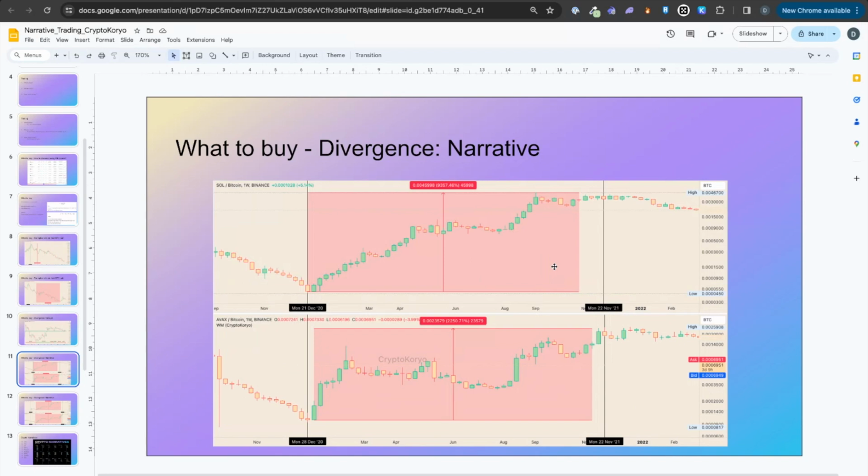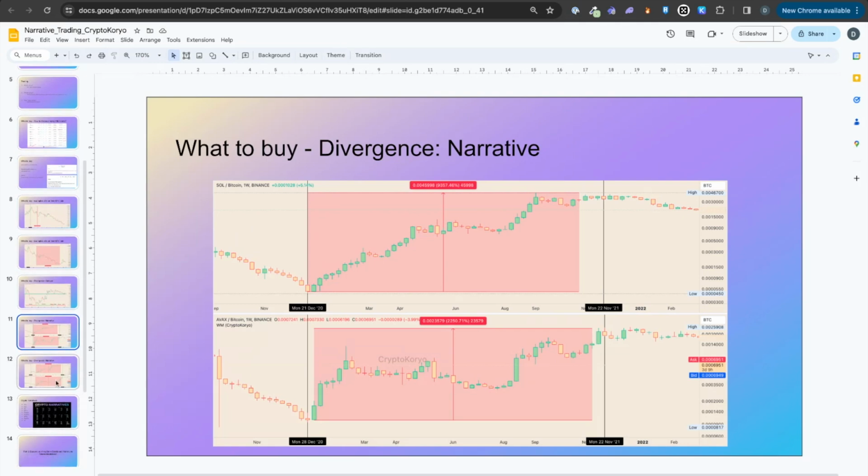In 2021, we had the L1 narrative, which was one of the best performing narratives back then. We had Solana, Luna, and Avax, which all had great performance during the bull market before the crash of Luna. But during that period, as you can see, again, we are seeing the performance of these assets against Bitcoin, and you can see how they really outperformed Bitcoin during that period.